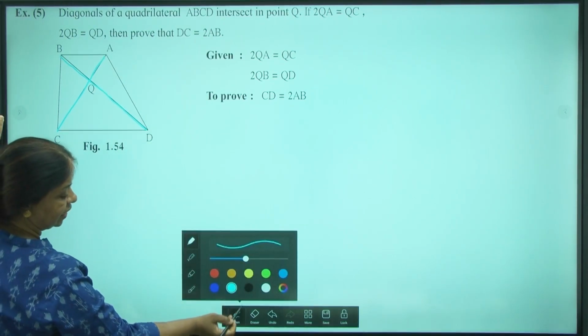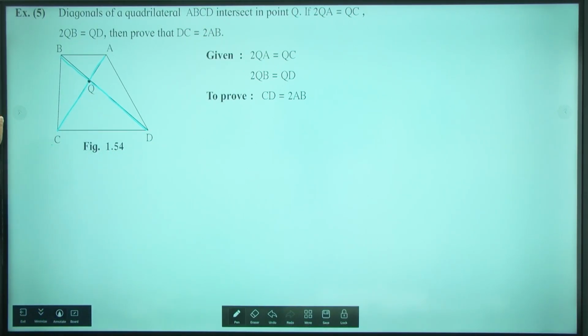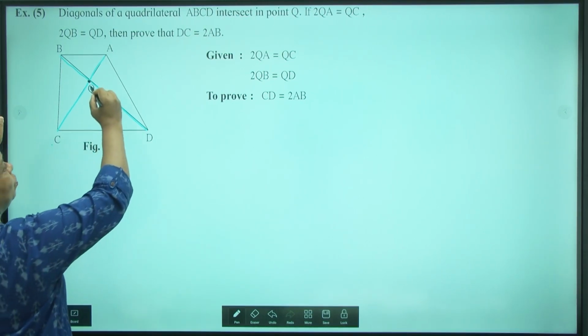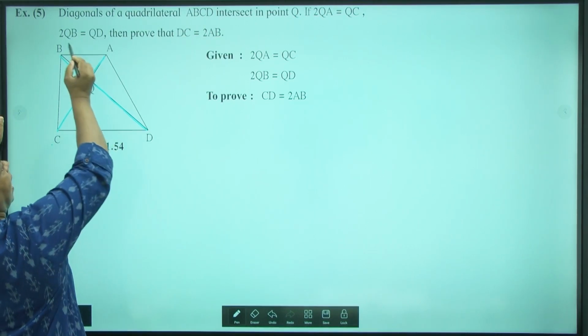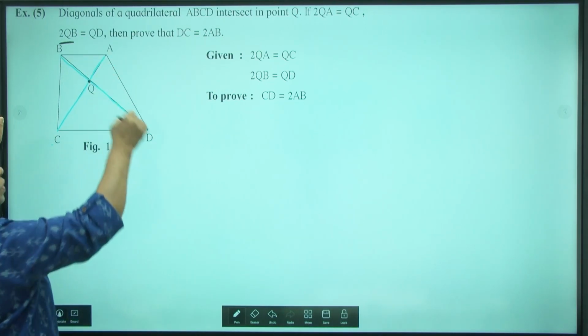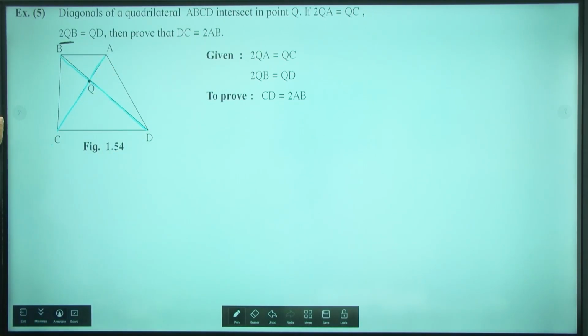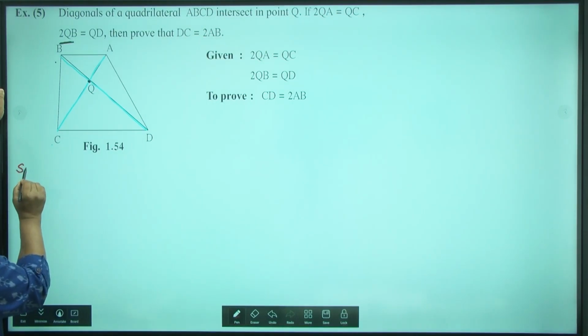Both are intersecting at one point, and that point is point Q. It is also given that 2 times QA is equal to 1 time QC, and 2 times QB is equal to 1 time QD. Then prove that DC is equal to 2 times AB. So let's begin. First, what is given we will write down. Solution.